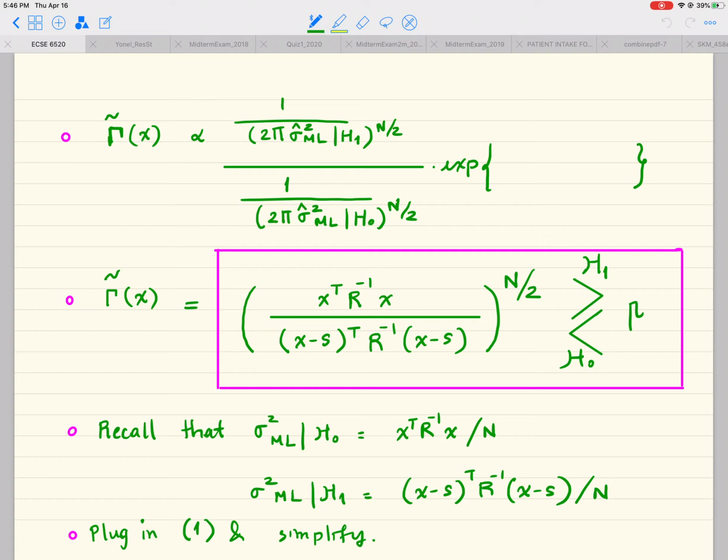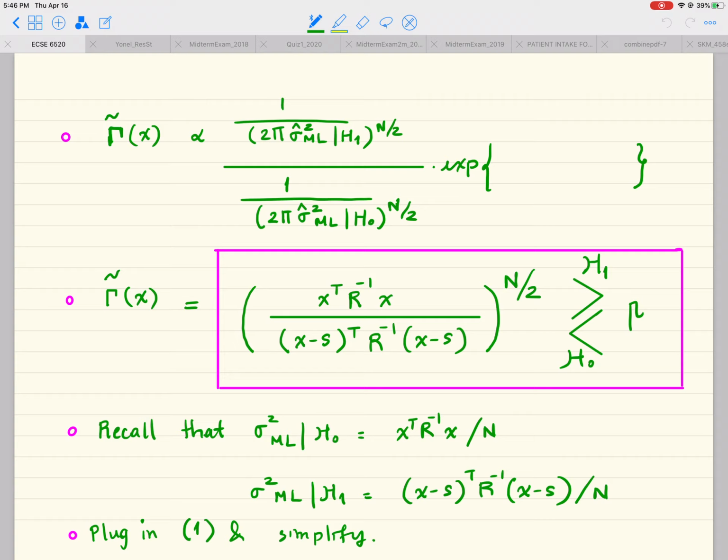Okay. All right. So since sigma squared is not known, we have to estimate that. We of course invoke the maximum likelihood principle here. And if you do the maximum likelihood estimate of the unknown sigma under each of the hypotheses, we see that that's simply a sample mean.